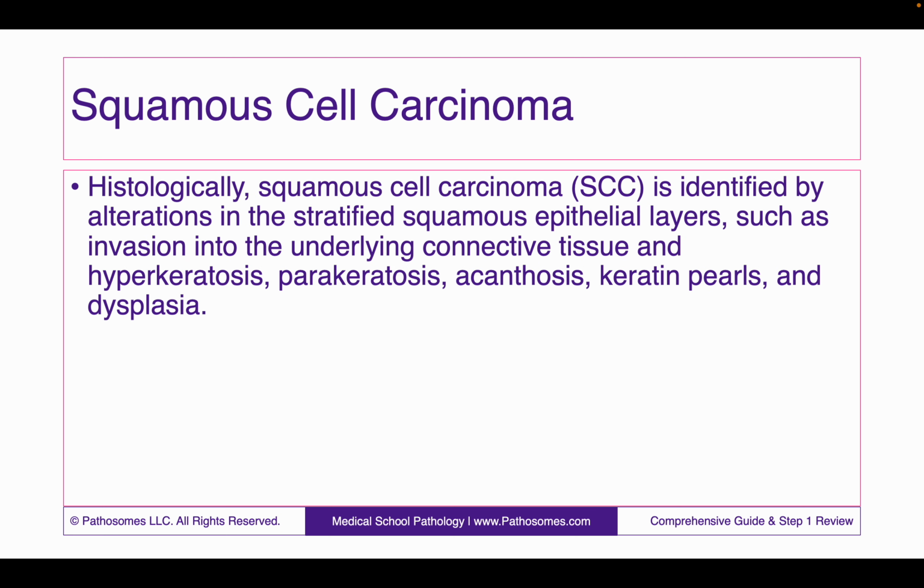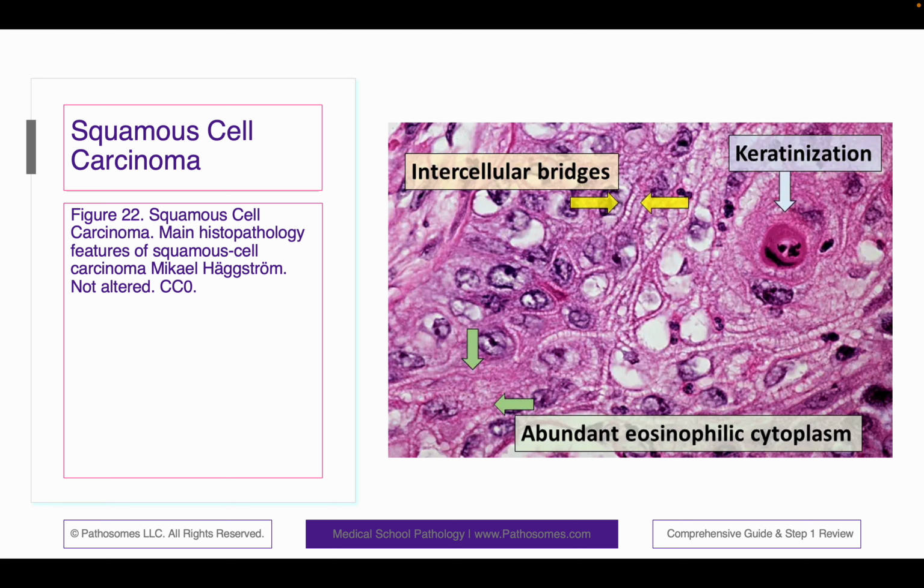And histologically, squamous cell carcinoma is identified by alterations in the stratified squamous epithelial layers, such as invasion into the underlying connective tissue, and hyperkeratosis, parakeratosis, acanthosis, and keratin pearls, as well as dysplasia. For example, we can see some of those microscopic features here.